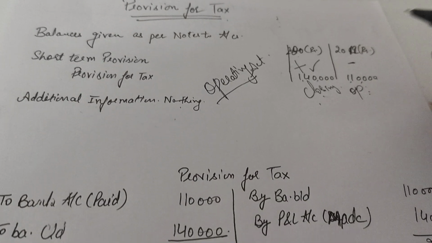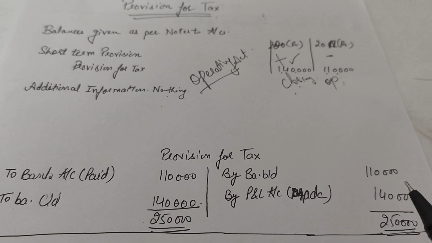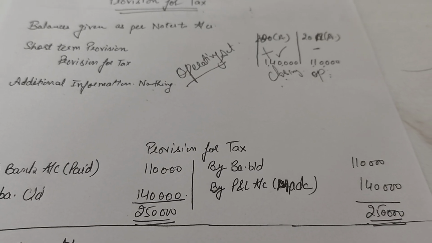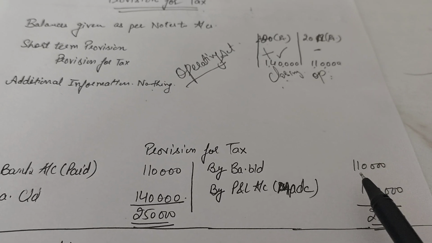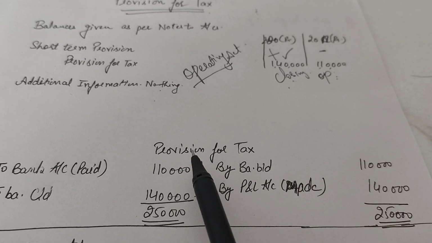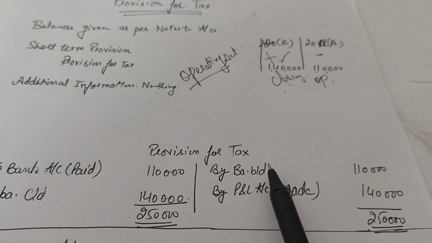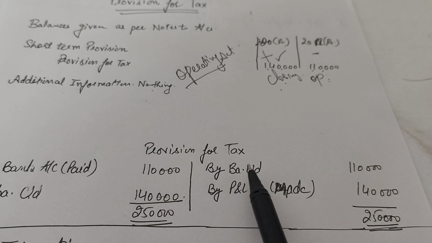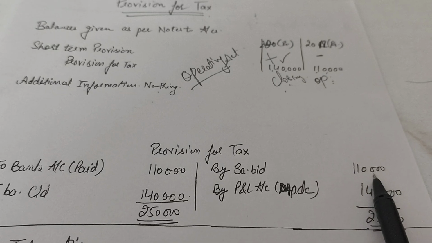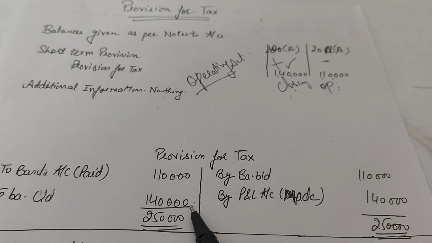So let's say if we have to prepare the provision for tax account in this particular case, here is the provision for tax balance brought down. You know that tax is your liability, and when it is about provisions, they always carry which balance? Credit balance. So opening balance, by balance brought down 1,10,000, to balance carried down 1,40,000.